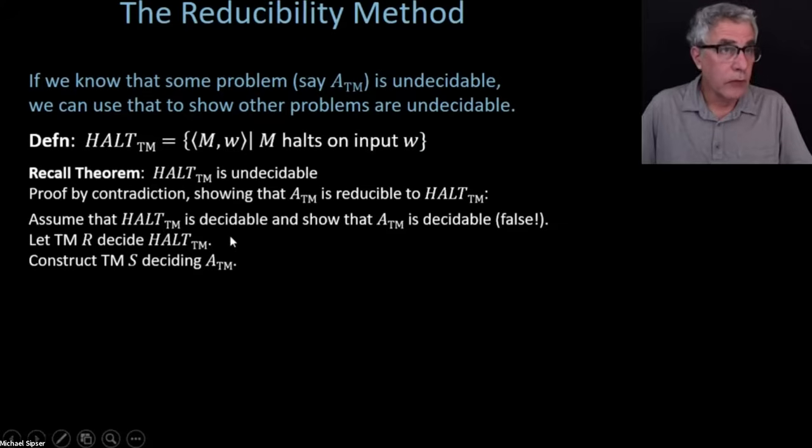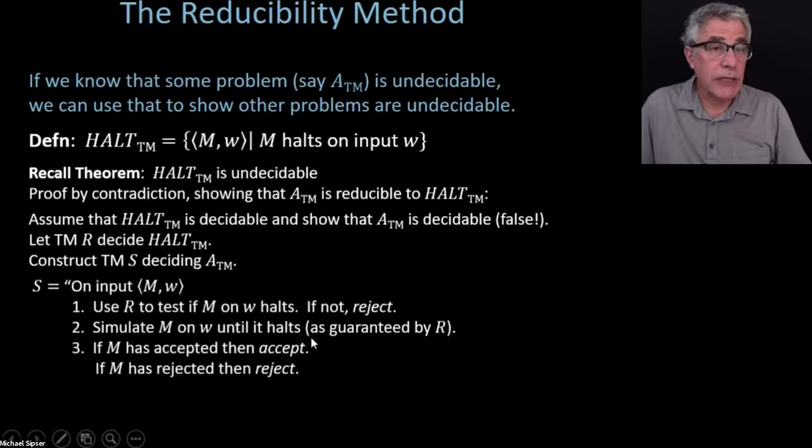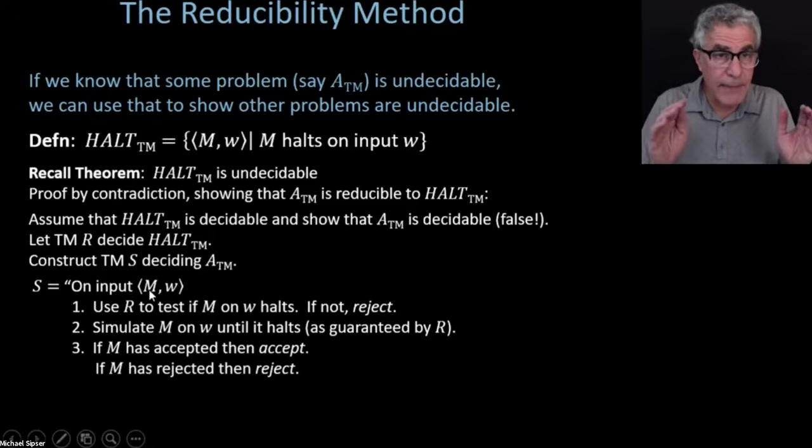So quickly going through it, because we did it already once before, we're going to assume that Halt-TM is decidable. Let's say Turing machine R is the decider. And now we're going to show that ATM is decidable by constructing a Turing machine S, which uses R to decide ATM. That's going to be our contradiction. So here is the machine S. You have to keep in mind what the goal of S is.